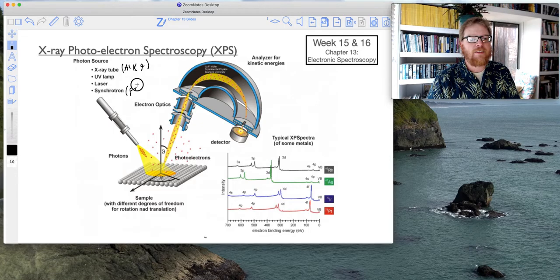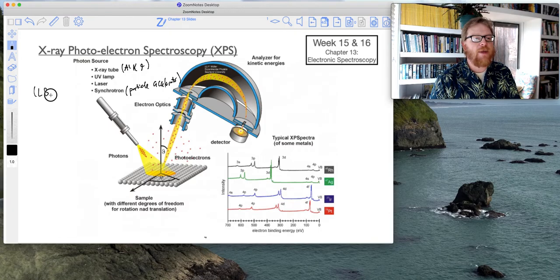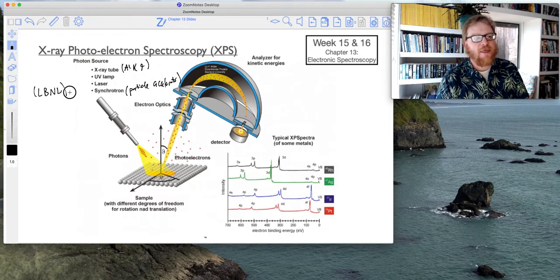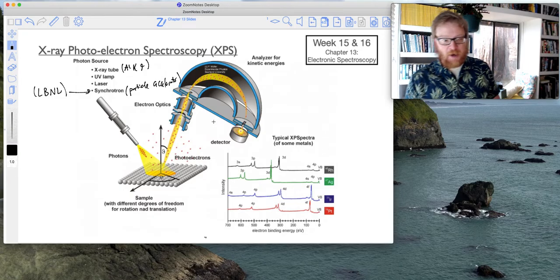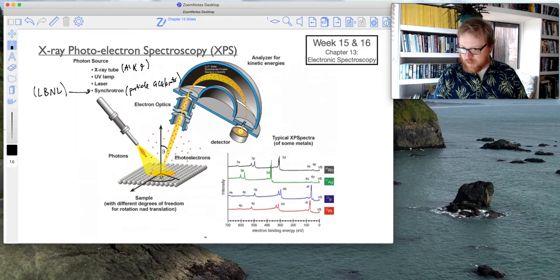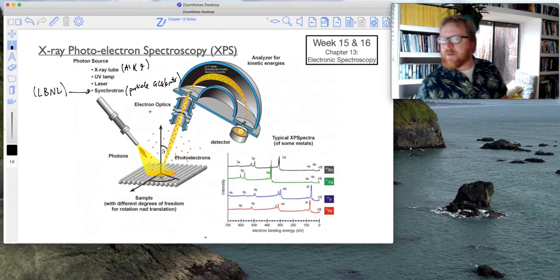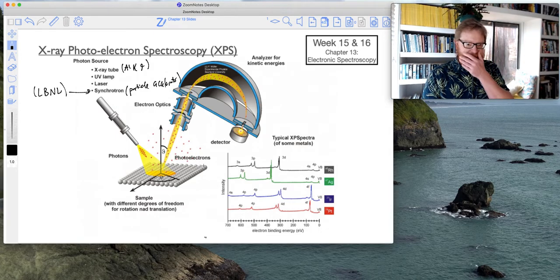And so by synchrotron, that's a particle accelerator, such as LBNL. That stands for Lawrence Berkeley National Laboratory. So Lawrence Berkeley National Laboratory is one of the more famous synchrotrons in the United States.